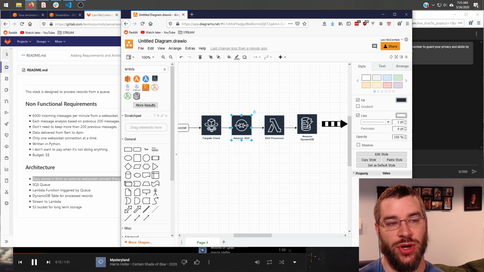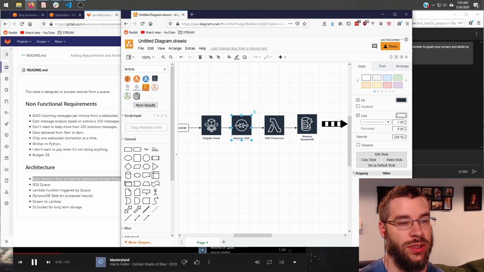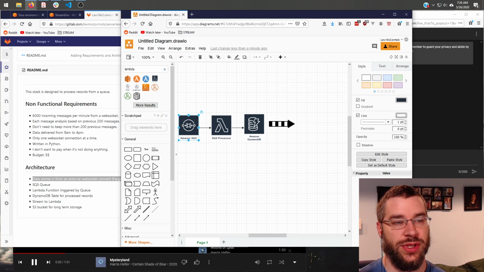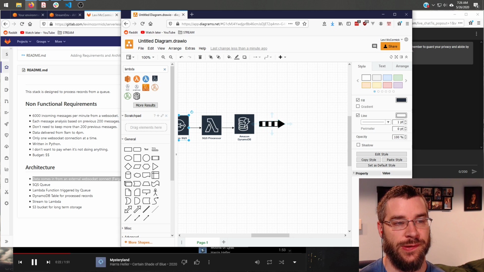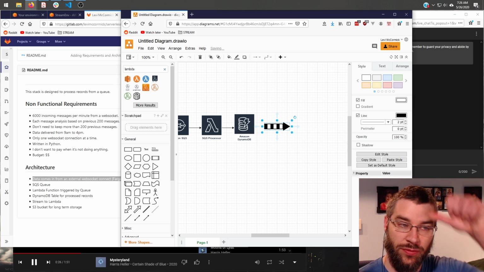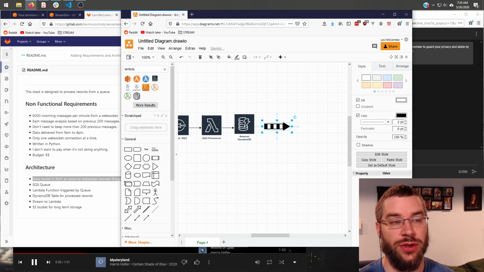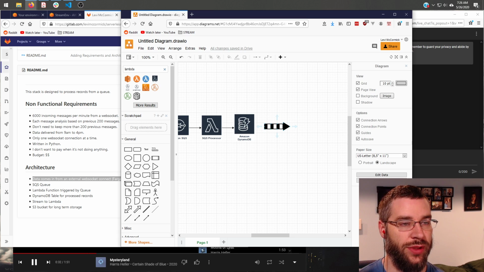But the Lambda processor will call the DynamoDB API. I try to keep those things consistent just for future's sake, for readability, to quickly understand the diagram that you're putting together here.